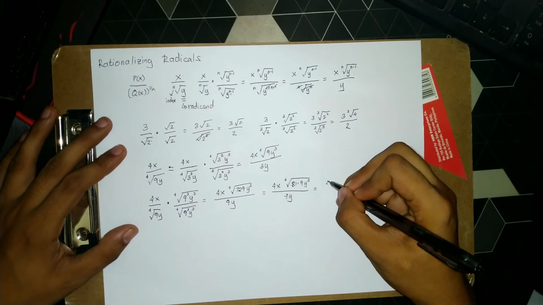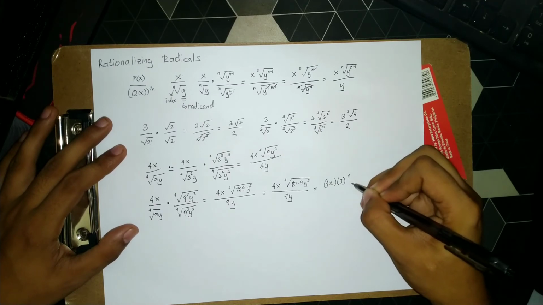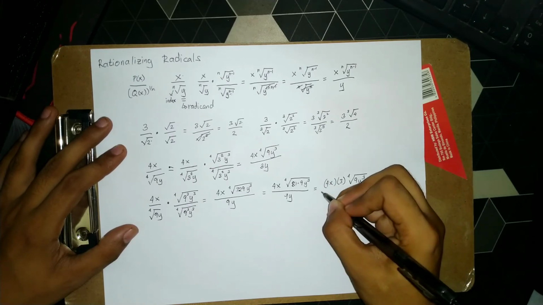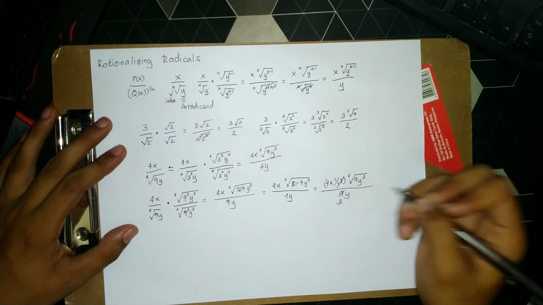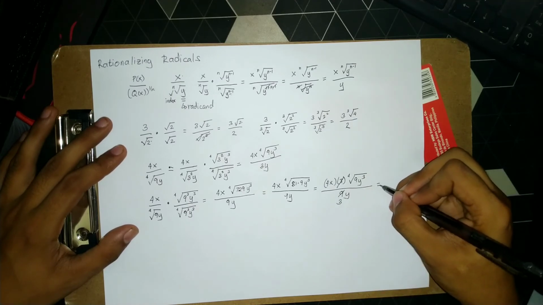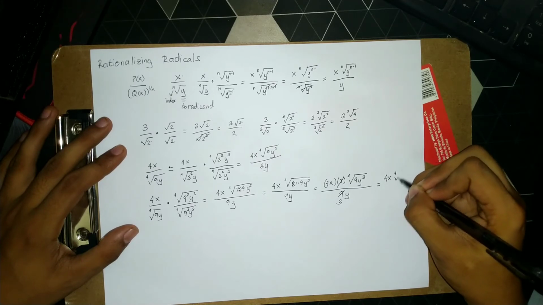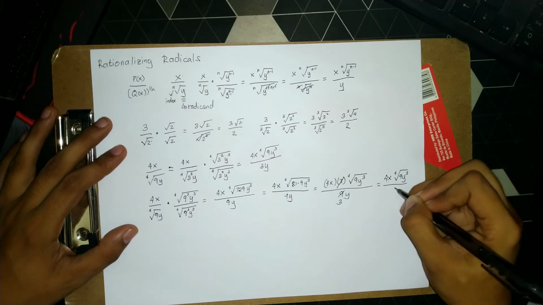So 4x times 3, fourth root of 9y cubed over 9y. That cancels out. We are left with 3. Final answer, 4x, fourth root of 9y raised to 3 over 3.